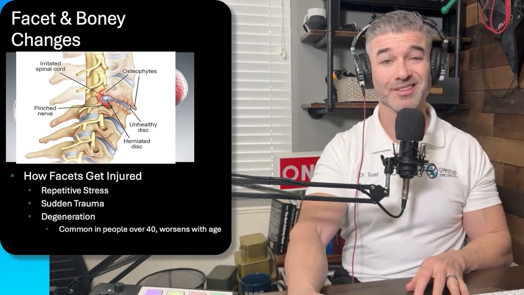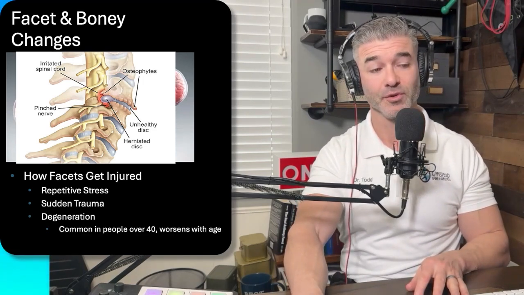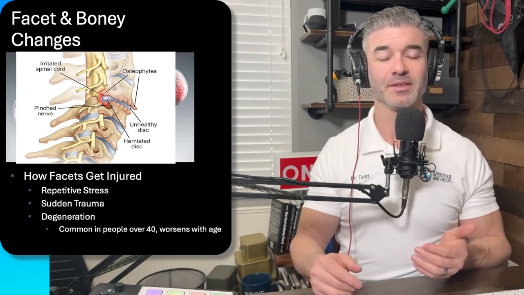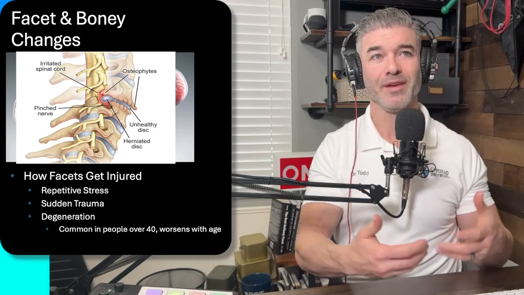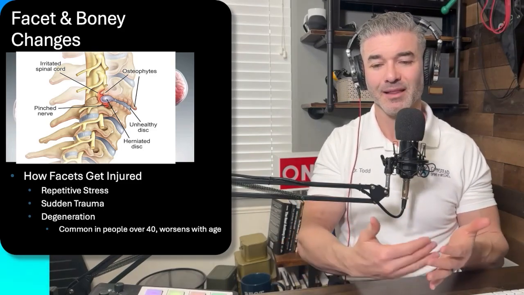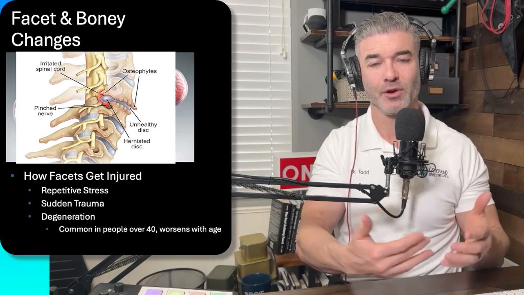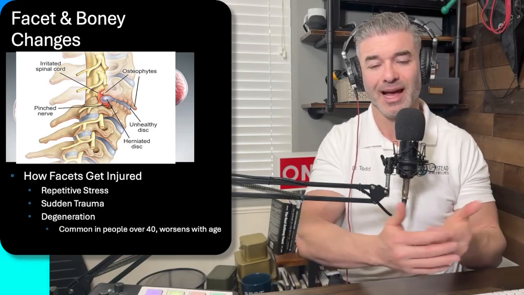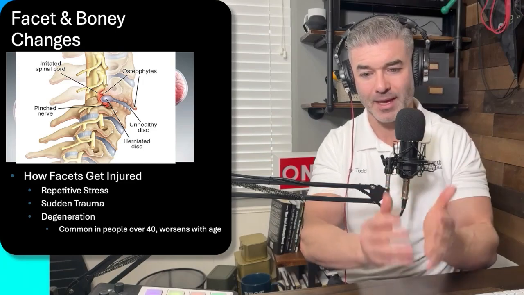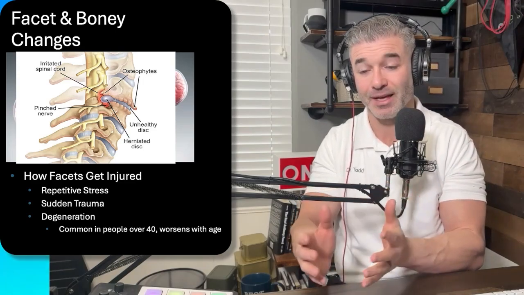Now, degeneration is common in people over 40 years old. It worsens with age. That's what the stats show. But the reason is that someone has a trauma, you have abnormal mechanics, and then you've added time to the equation. So it's not like the spine has to degenerate or joints have to degenerate as we progress in age, but it happens when there's trauma, there's abnormal mechanics, and then you add years to that situation.